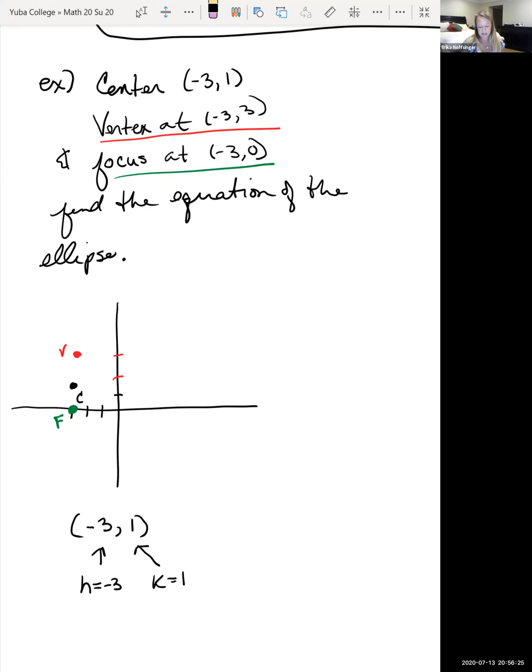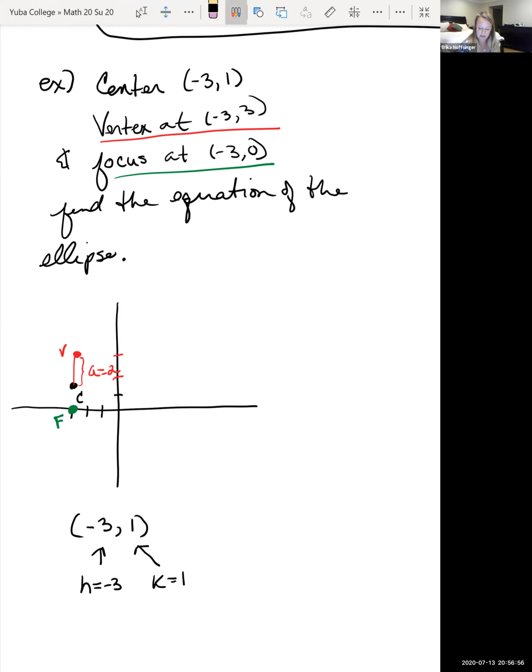Okay, so that tells me I can figure out some values, again, to help me. This one's similar to what we had done before. It's just that this one's shifted and the center's not at 0, 0. Our vertex is here. We have our center here. So we could figure out what A is. Our value A is 2, going from a 1 to a 3.